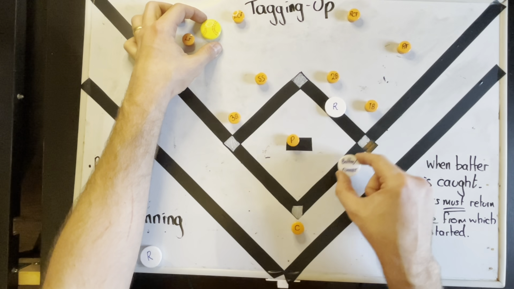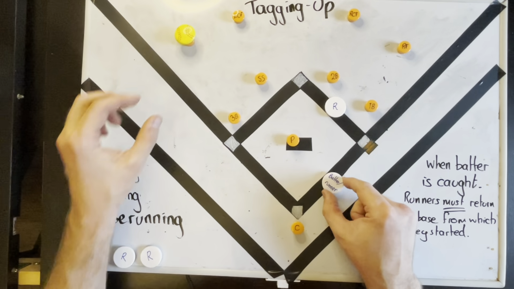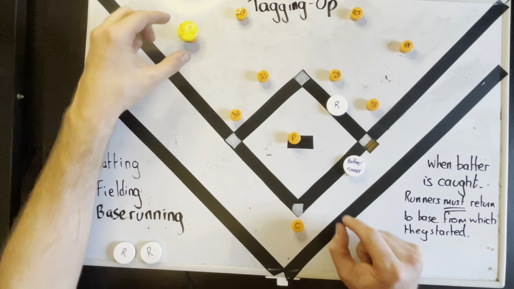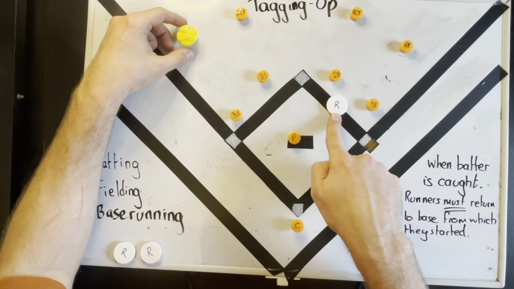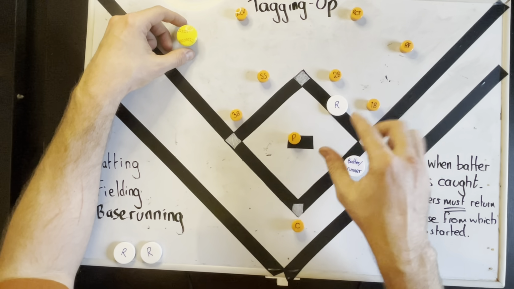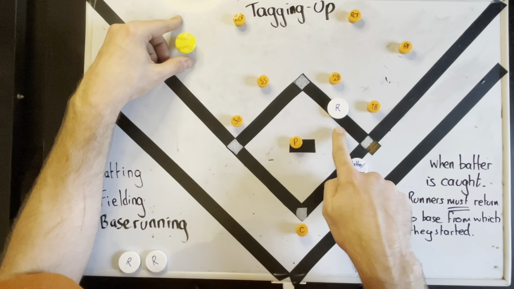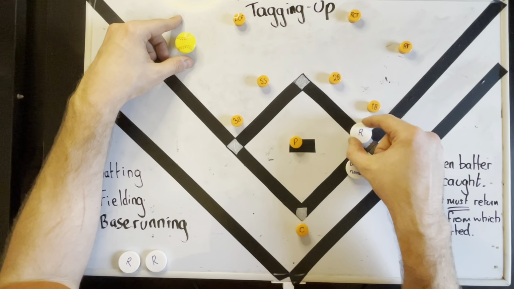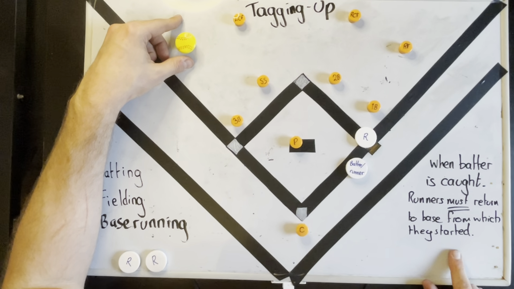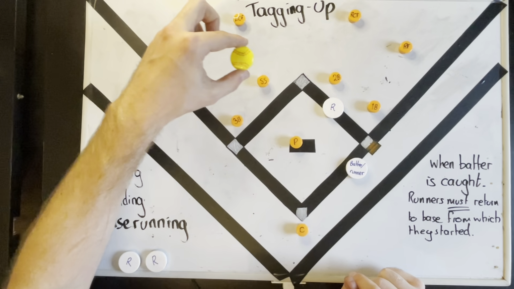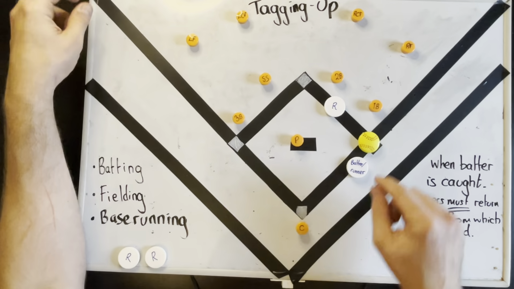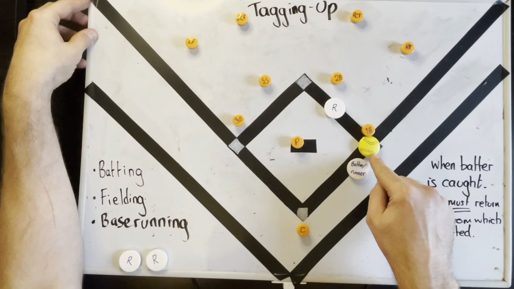Otherwise they'd both be out. So what happens here is this batter runner runs, and if this ball is caught, everybody, no matter how many runners we have, and I'll add more in a second, this runner is now forced to go back to where they started from, which gives the fielding side an opportunity to throw the ball and win the race back to where they started.